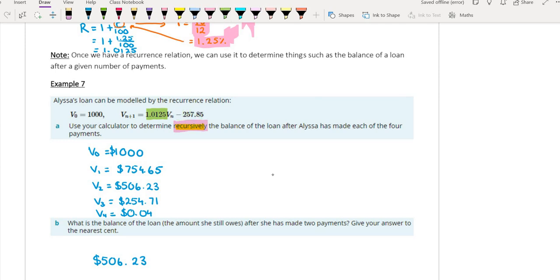So we have 2 in 1, then you'll see this word recursively. It just means repeat the process, and the process being doing the times and the minus all in one, and do that repeatedly for 4 payments. So do it 4 times.